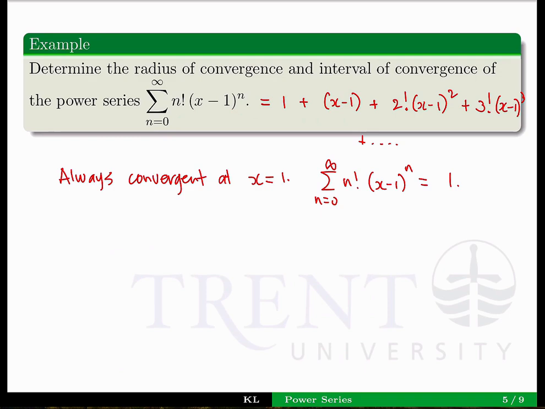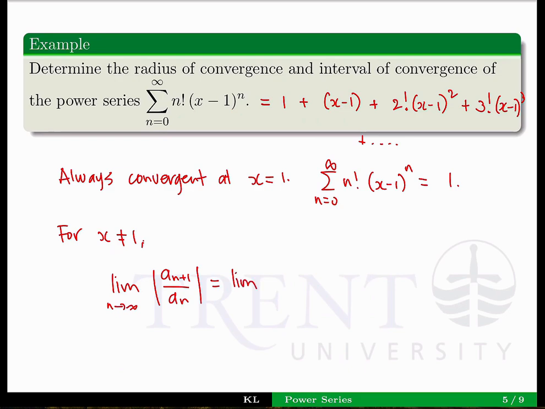But what about when x is not equal to 1? Like what we did in our last meeting, we calculate the limit as n approaches infinity of a sub n plus 1 over a sub n in absolute values.